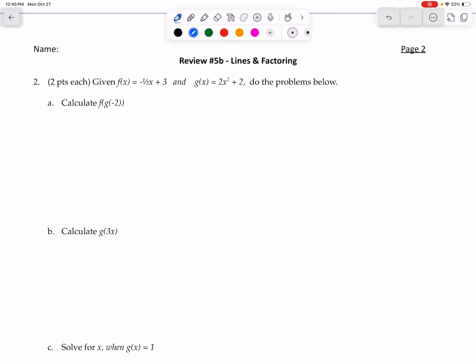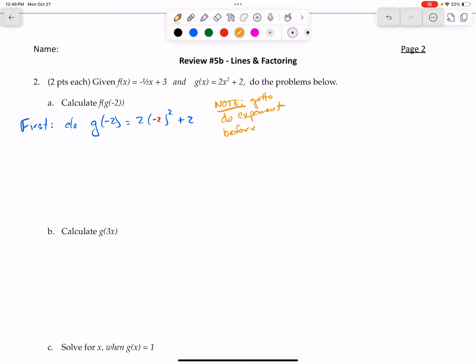All right, first, I'm going to do g of negative 2, which is 2 times negative 2 squared plus 2. And note, gotta do exponent before times 2.